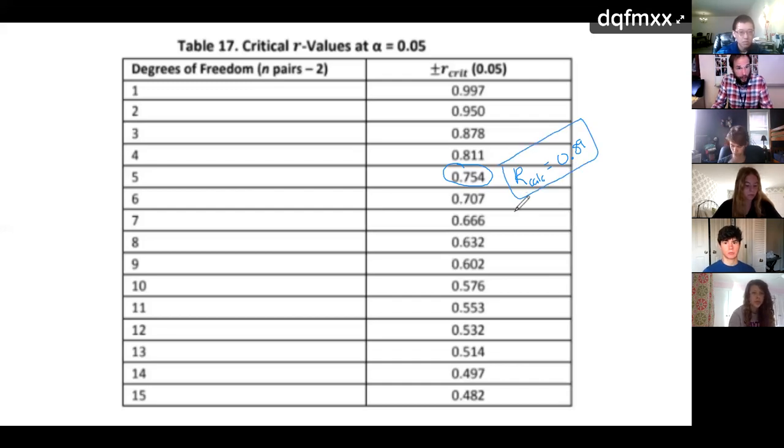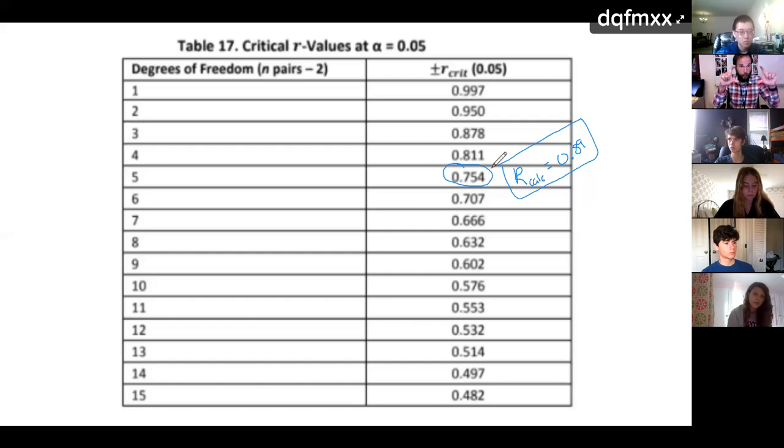We're going to compare that value to the critical value, 0.754, and obviously 0.89 is greater than 0.754. And because of that, that's going to allow us to reject the null hypothesis, that there isn't a relationship between those two variables. And instead, we can support the alternative hypothesis that there is a relationship.